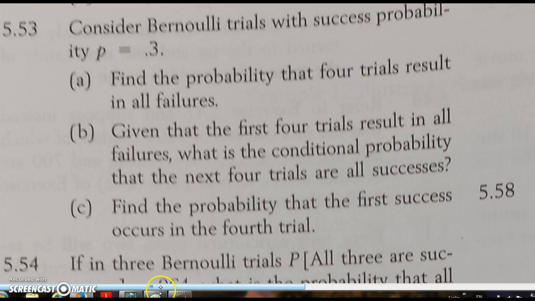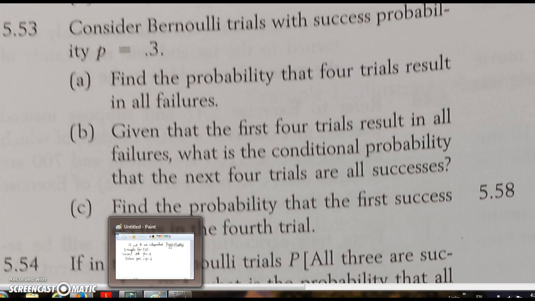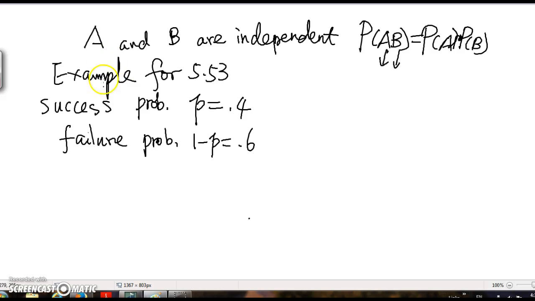That means if I use F to represent the failure, the first try is a failure, the second try is a failure, the third one is a failure, and the last one is a failure. So we're looking for the probability for this event.